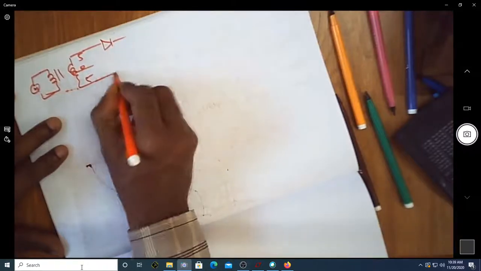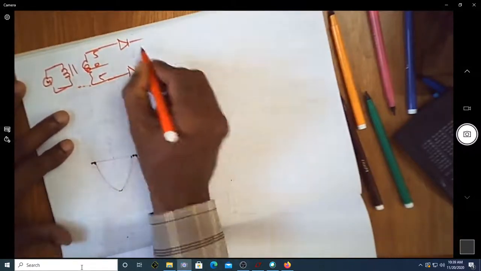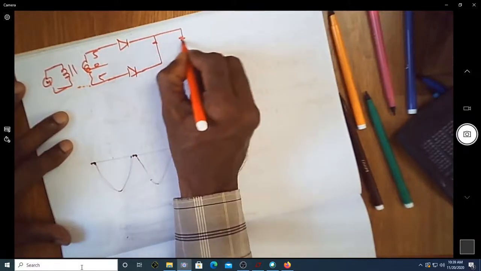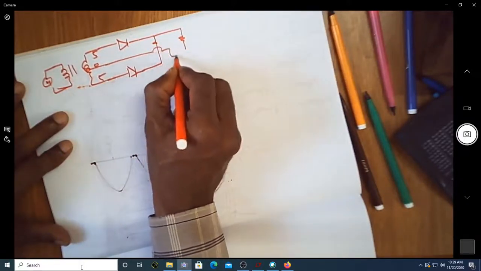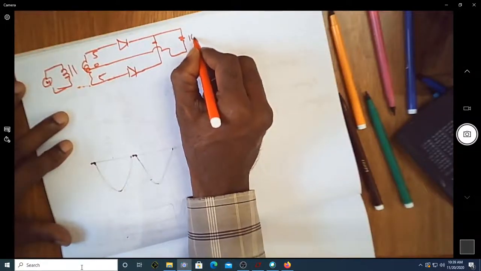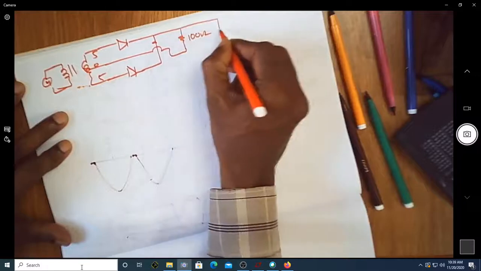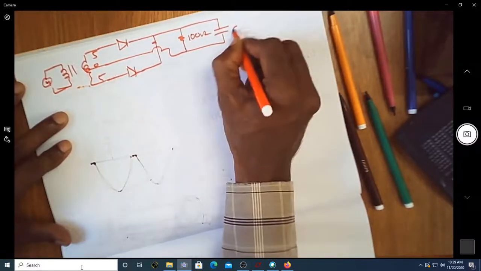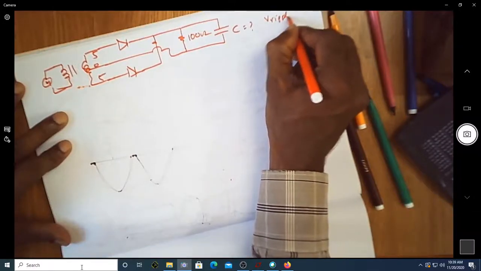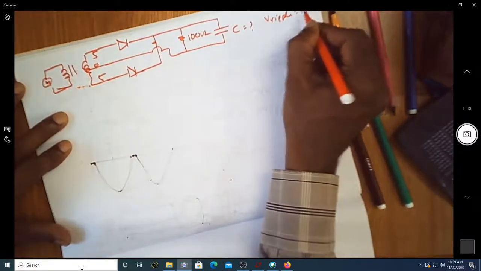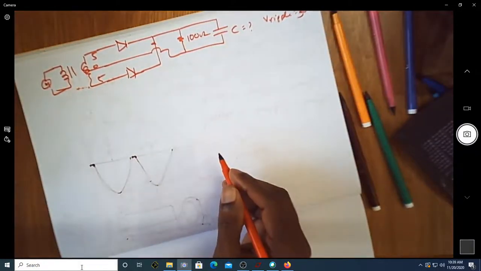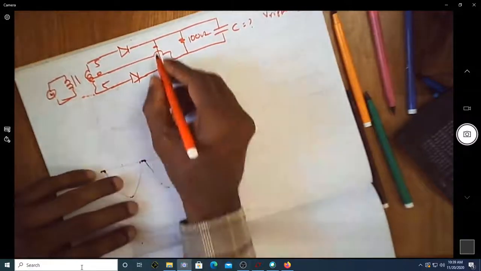I will have this diode, and another diode here, connected together, and I'm going to have a resistor of 100 ohm, and a capacitor. Let me find the value of C for a V ripple of 500 millivolt. I want to have 500 millivolt ripple. I'm looking for the value of C.